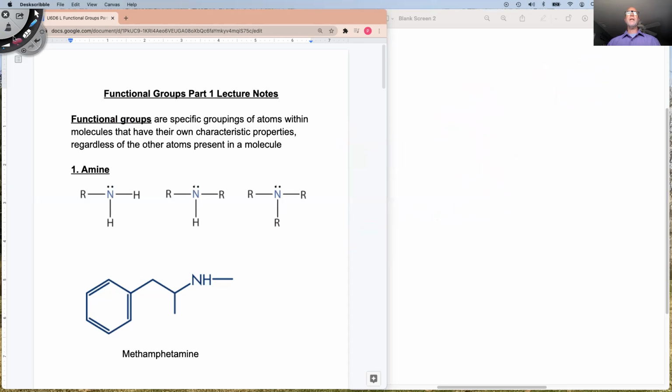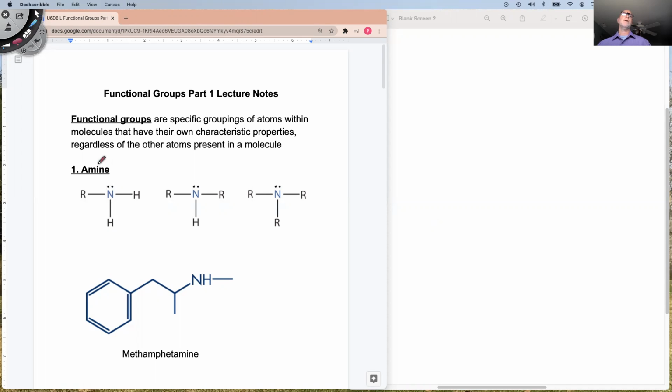So let's start off quickly by taking a look at our first functional group. Now, there are thousands of different functional groups, and we're only going to be talking about a few of them. You can see this first functional group, these are the amines.